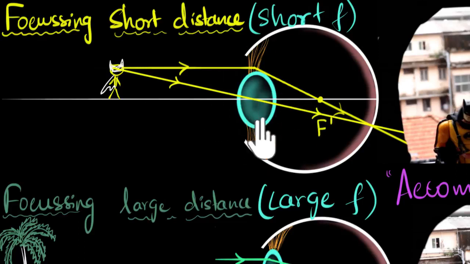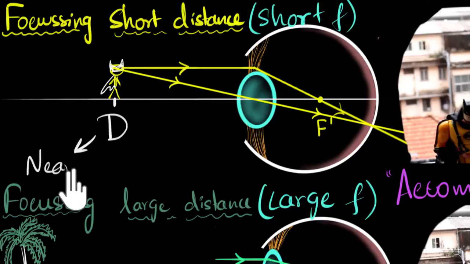Suppose now we have reached the limit. Then this is the nearest distance at which you can keep an object and you can still focus it. And that point we usually represent as D, and we call that as the near point. So near point represents the shortest distance at which you can keep the object and still focus it.